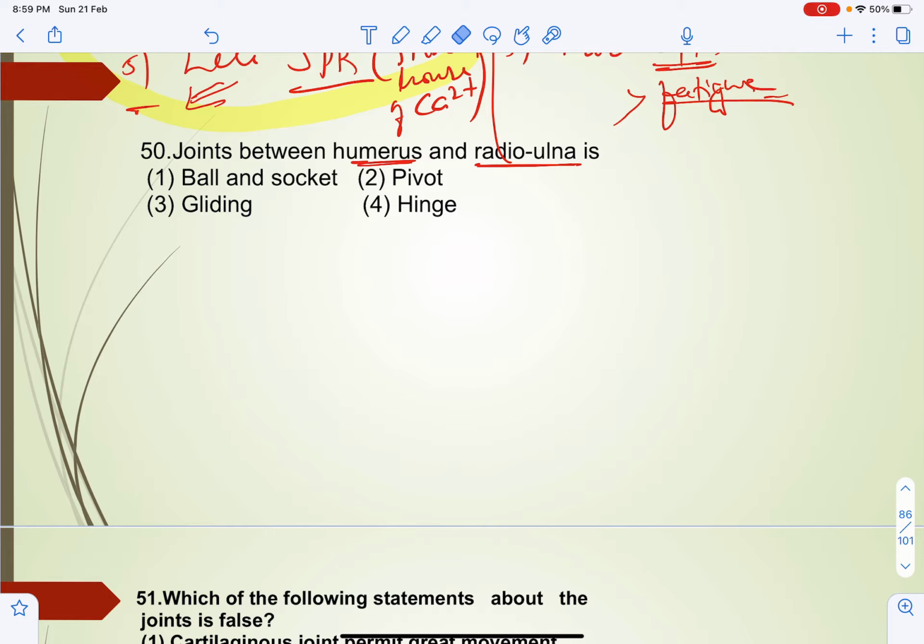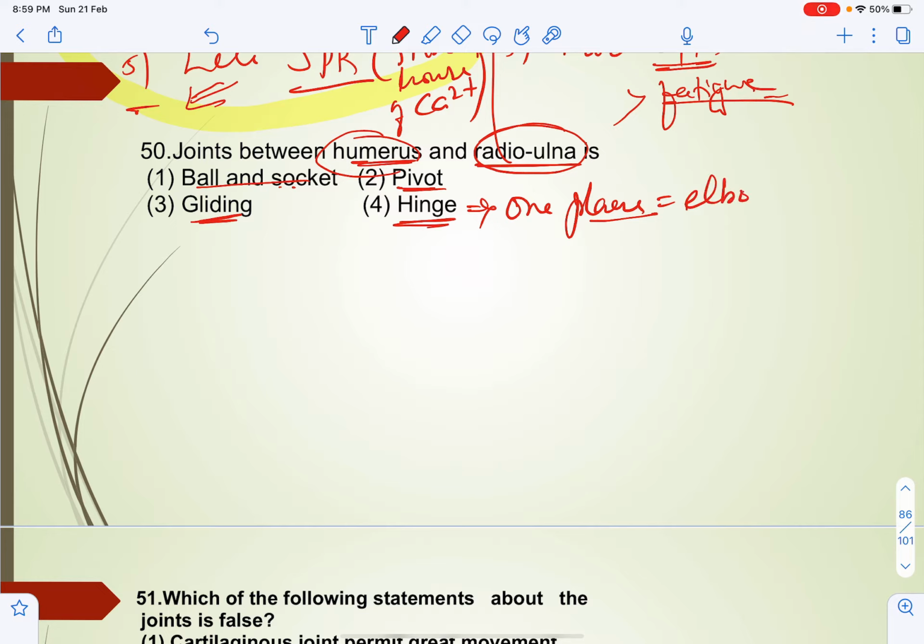I already mentioned ball and socket in all planes, shoulder joint, hip joint, pivot joint, atlas and axis, gliding joint, which is present between the carpals, right, and hinge joint, we can see that one plane. So the humerus and radio ulna form the elbow joint. I already mentioned this elbow joint. The answer is hinge joint.